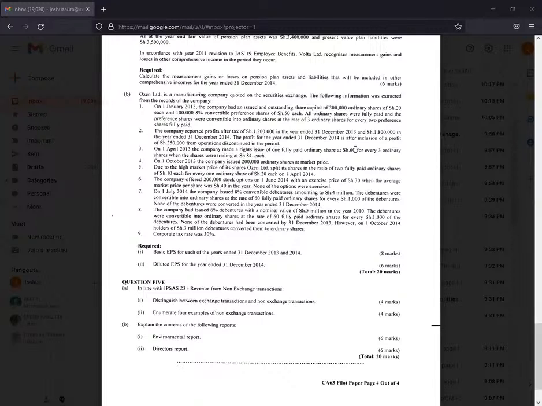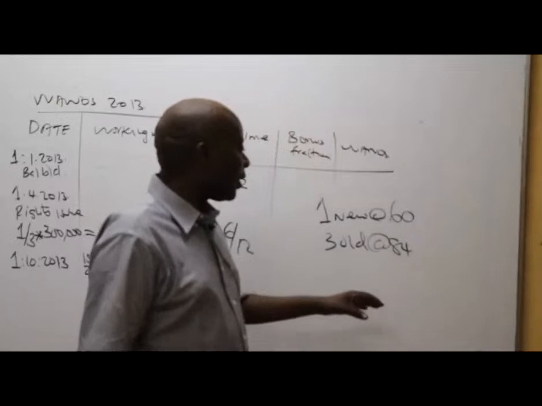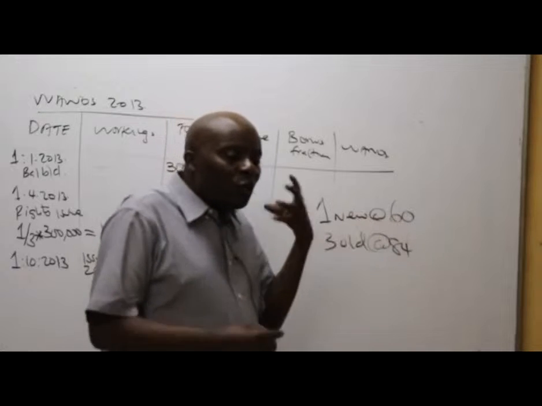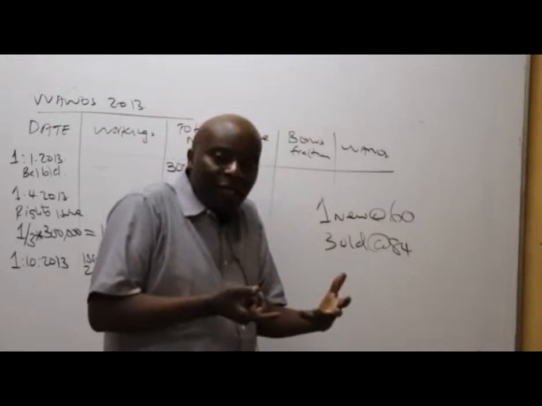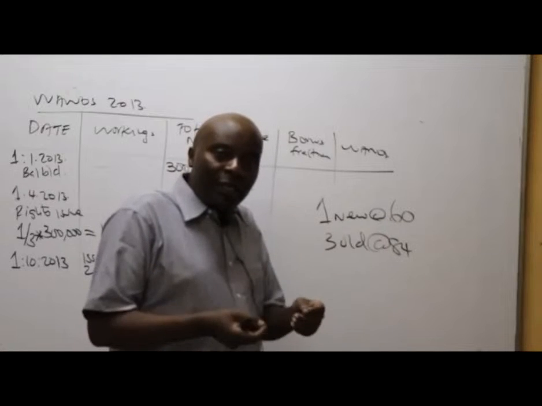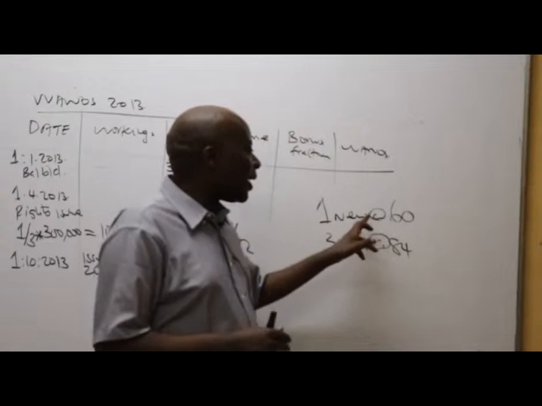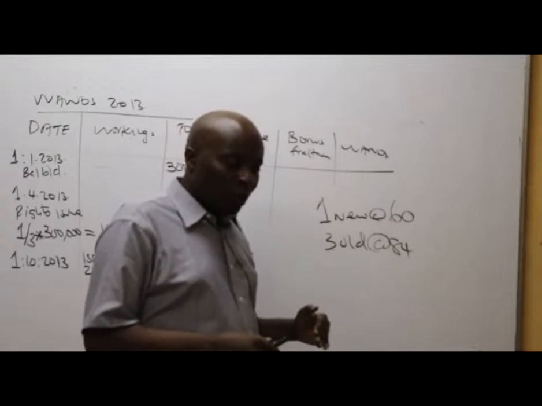The old one is going for 84. Then you find at this level, I've never understood why, a student for whatever reason interchanges. They don't know the definition of rights. Rights issued shares, ladies and gentlemen, are those shares that are normally issued at a discounted price. The price of a right must be lower.